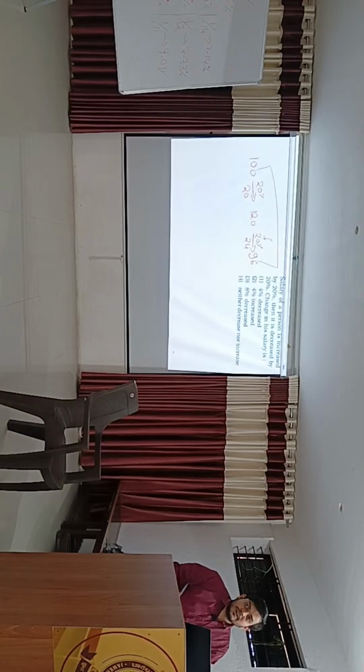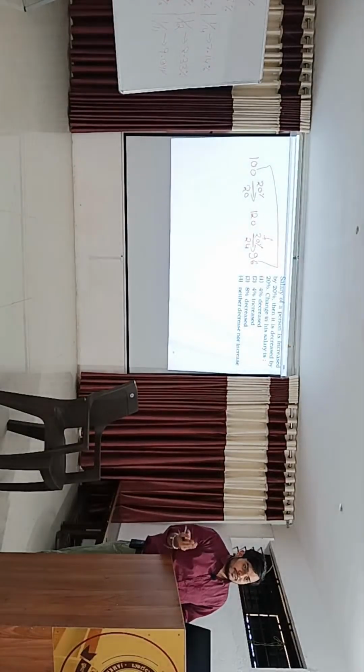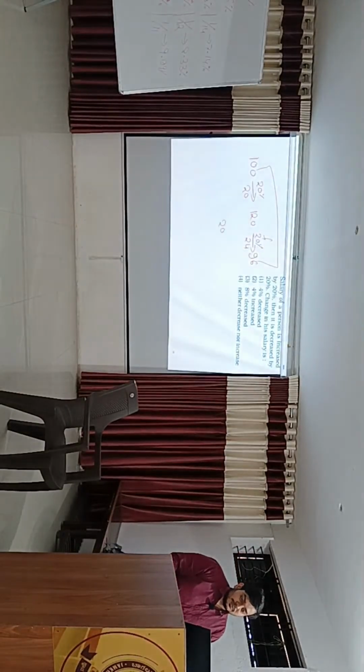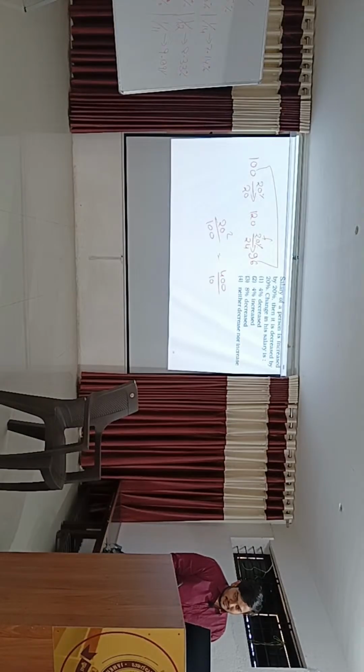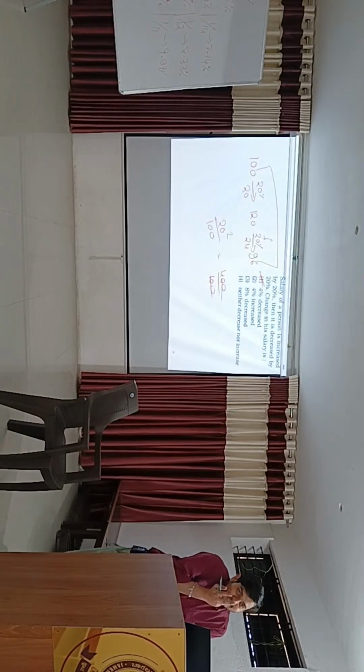From 100 you went to 96. Profit or loss? Loss. How much loss? That is 20 square by 100. 20 square is 400, by 100. That is 4% decrease. Neither decrease nor increase. Great.